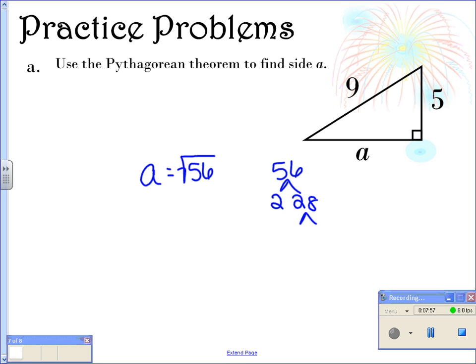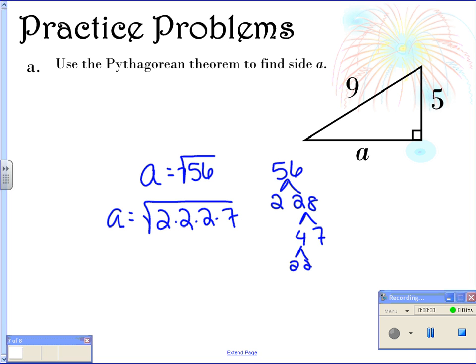Okay. 28 would divide by, and 4 would divide by 2 and 2, right? So we really have the square root of 2 times 2 times 2 times 7. We could. 2 times 2 times 2 times 7, same thing as 56.